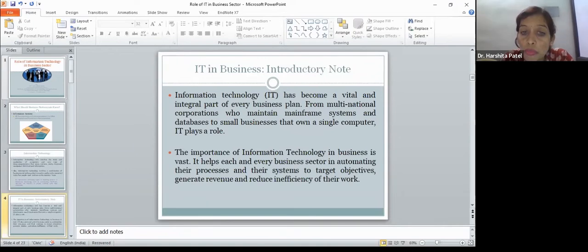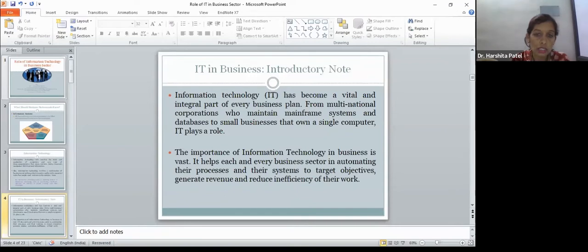The importance of IT in business is vast. It helps each and every sector automate its processes and systems to target objectives, generate revenue, and improve the efficiency of their work. Here, friends, you can understand simple things like your books of accounts, which were in hard format in the early days. If you have seen some shopkeepers, or if you belong to a business family, you must have seen some of those books of accounts.